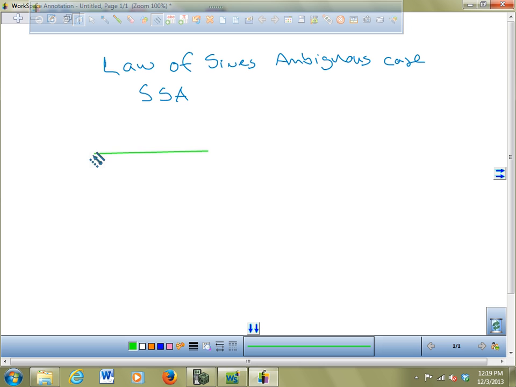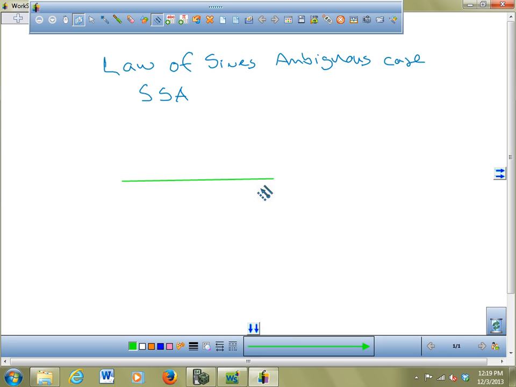So say I have a side here, and let me make this one side go on forever. So let's pretend that this side goes on forever. We don't know how long that side is. And then I have another side going this way. Whoops, I want to make that a finite length.